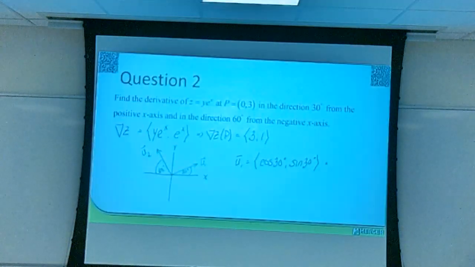Sine 30? 1/2. I'll write it that way. What angle would you use if you weren't using the reference angle? It would be 120 degrees. Go right this way though.